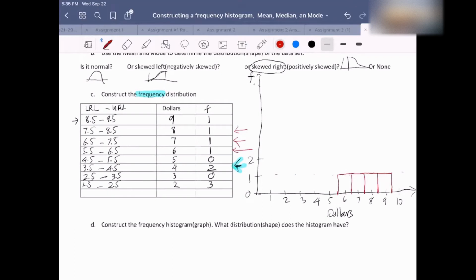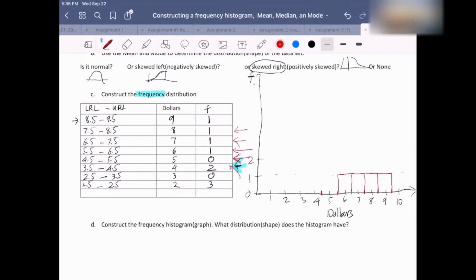And number 5, don't forget that the frequency of number 5 is 0. So that means that we don't have a bar there at number 5. Okay, so we can skip that bar. Let's move on to number 4. The frequency is 2.